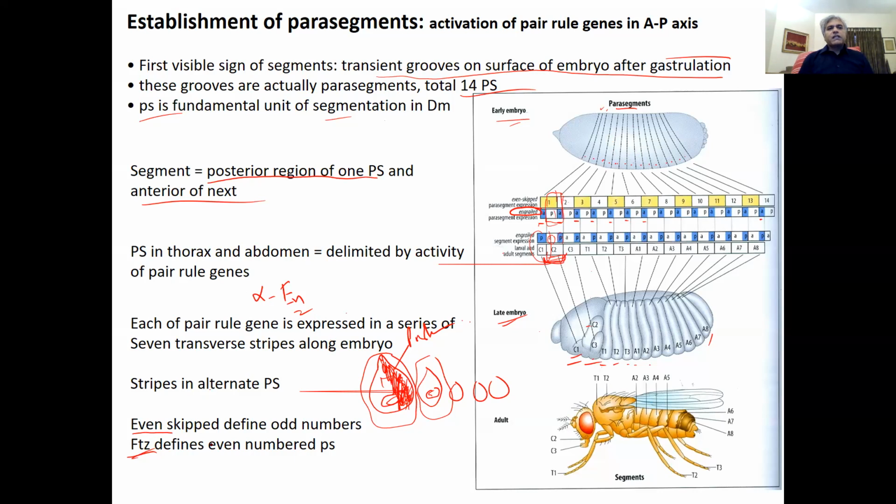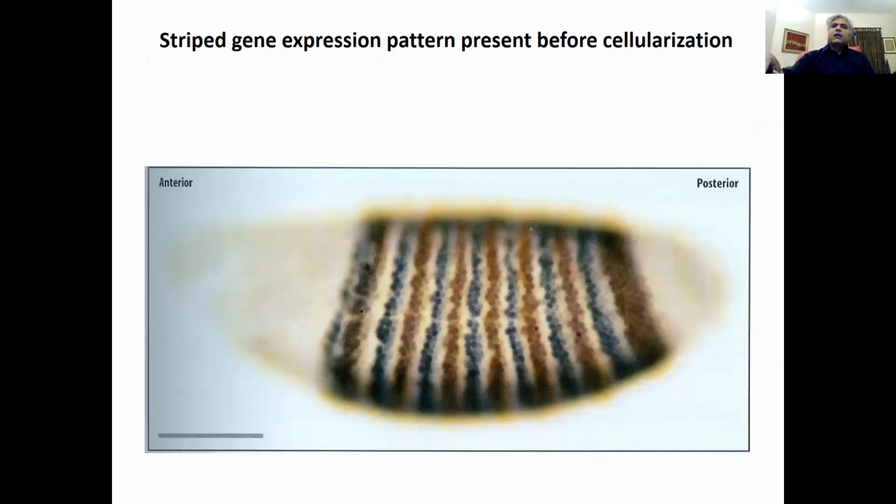Fushi-Tarazu, as compared to even skipped, defines the even numbered parasegments. So each pair rule gene is expressed in alternate stripes, 7 stripes along the embryo. This is the staining pattern of even skipped and Fushi-Tarazu.